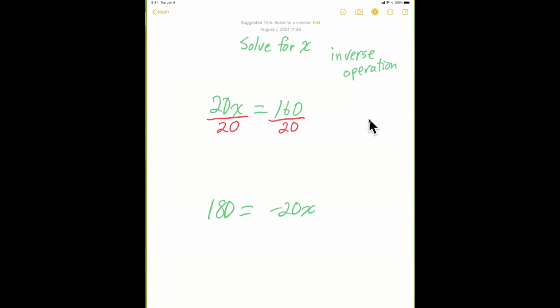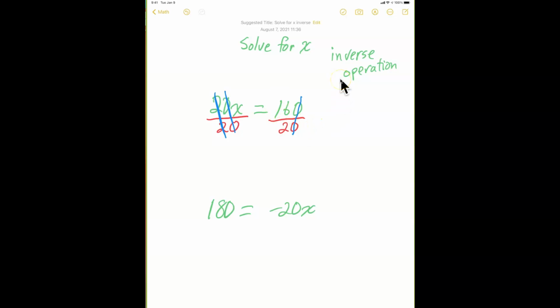The 20s are going to cancel out, because now we're dividing 20 by 20, which leaves 1, which is to say just x. And then over here, you can cross out zeros if they're in the same column. This makes the fraction 16 over 2, and these can both be divided by 2.